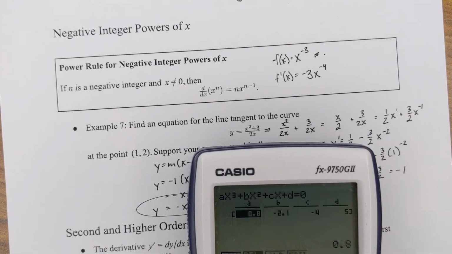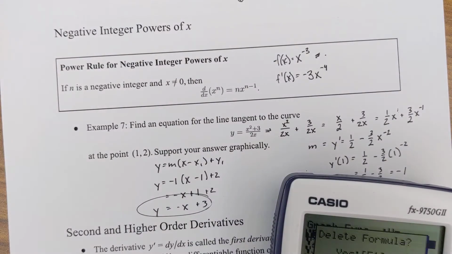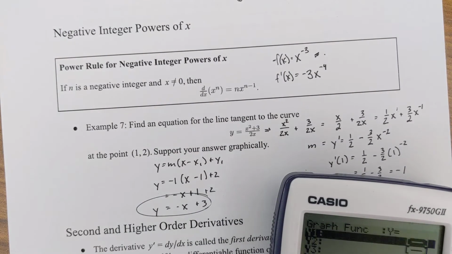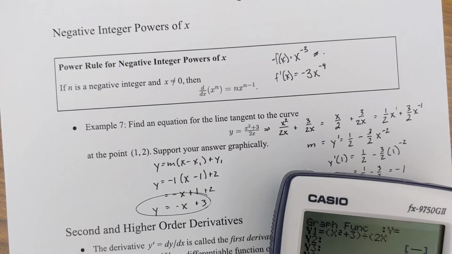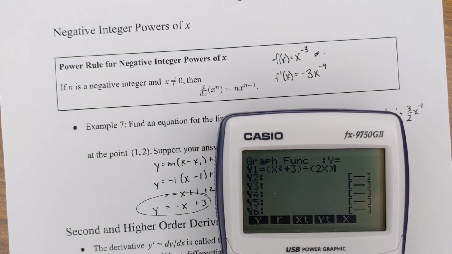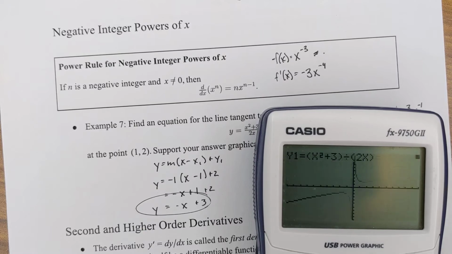So if we graph them, we'll graph the original equation. So that is x squared plus 3, so that's my numerator, divided by 2x, parentheses around both the numerator and the denominator, and then my equation is negative x plus 3, draw.